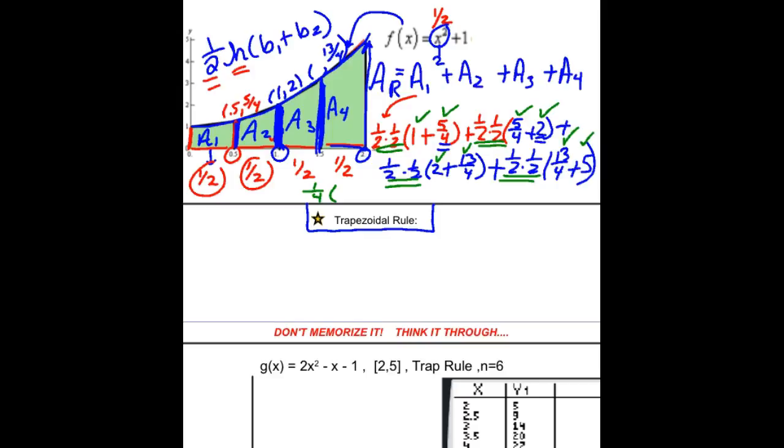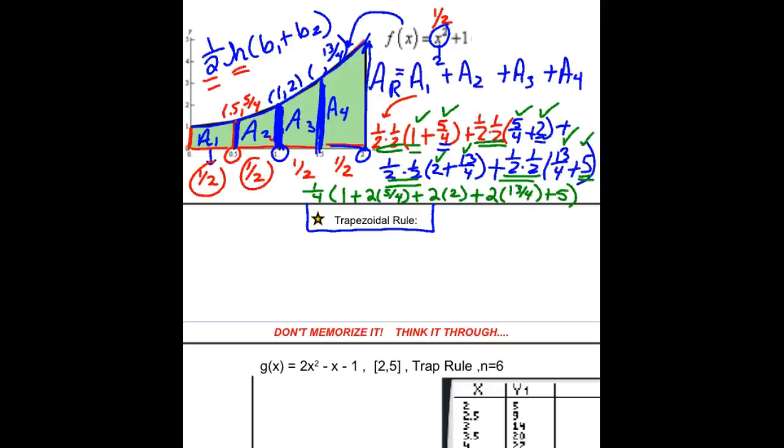You'll notice that I have 2 of all of them except the bookends. So it looks like this. It'd be 1 plus 2 of the 5/4, plus 2 of the 2's, plus 2 of the 13/4, plus just 5. Now let's go back to the picture, and you'd do that on your calculator and crank it out.